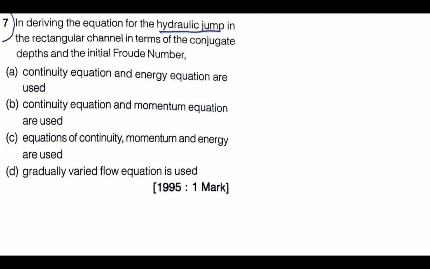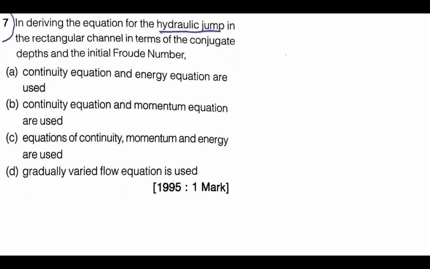So now moving ahead with question number 7. In deriving the equation for the hydraulic jump in a rectangular channel in terms of conjugate depth and the initial Froude number. So basically the question is about how to derive the hydraulic jump equation.